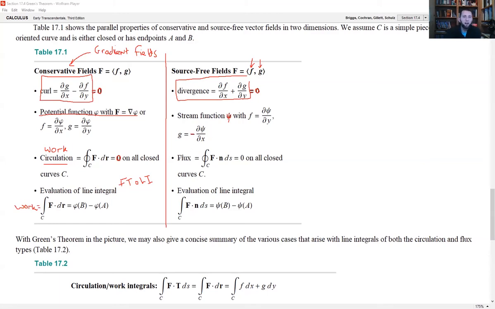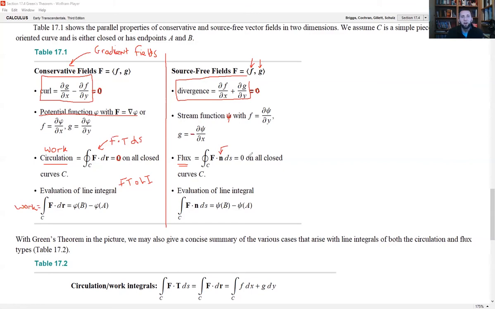So flux, this is one of our new quantities. Flux is equal to now the normal component of the force. Back here we had F dot T. So with work, we were looking at the tangential component.